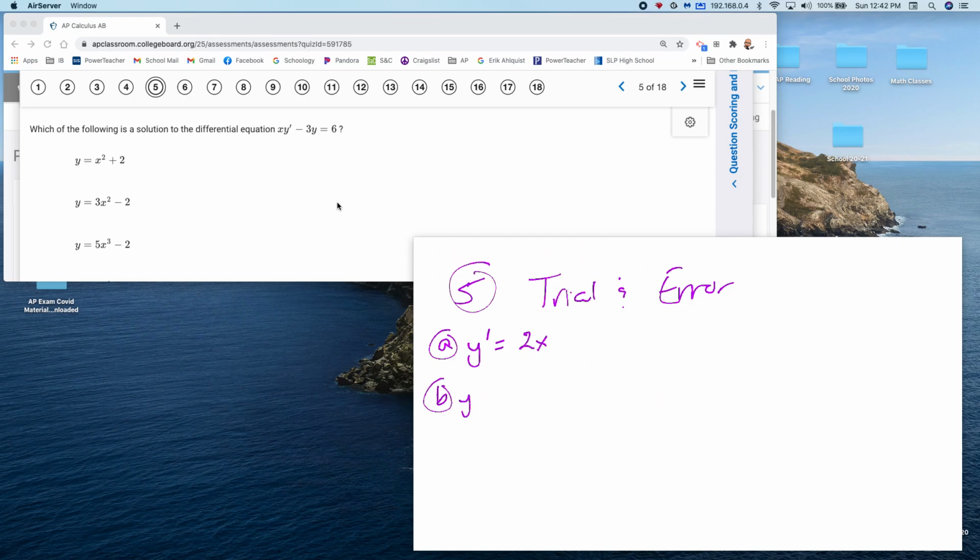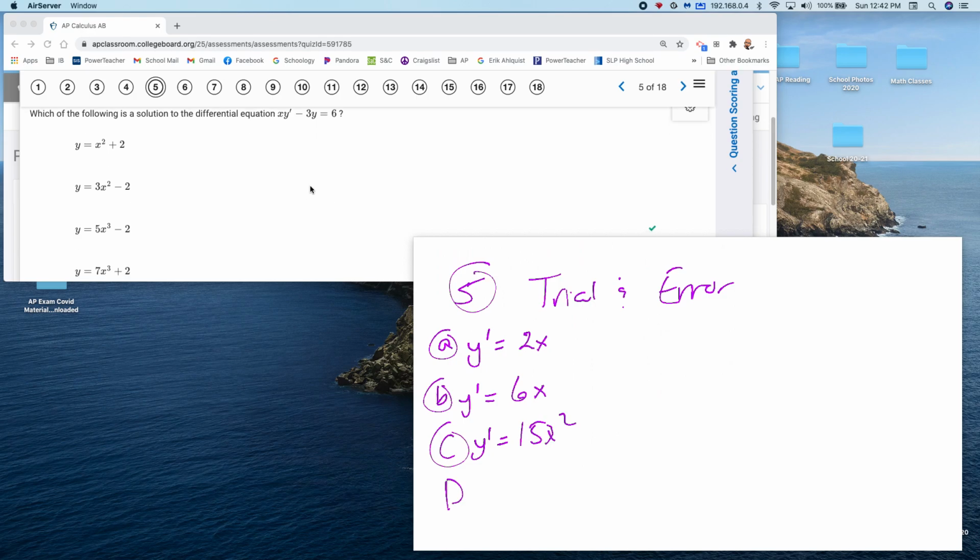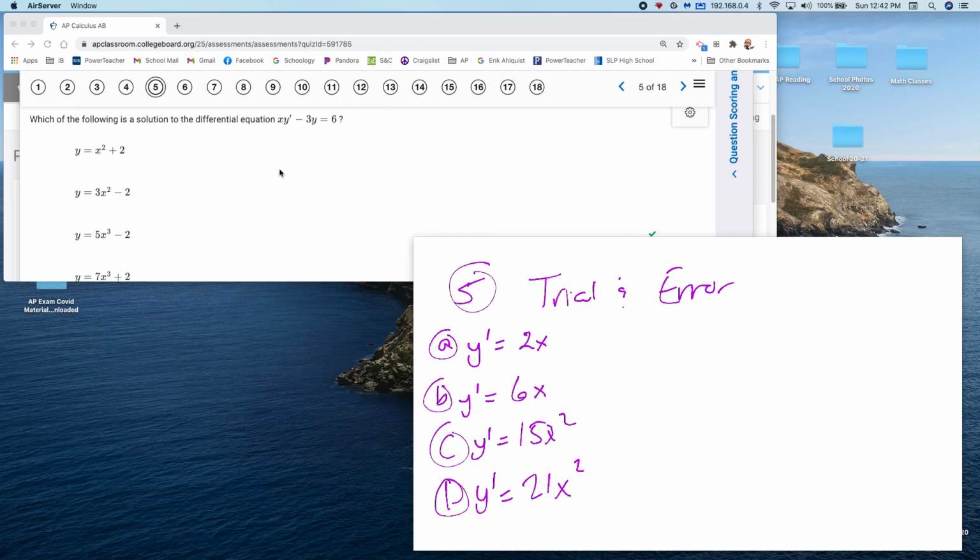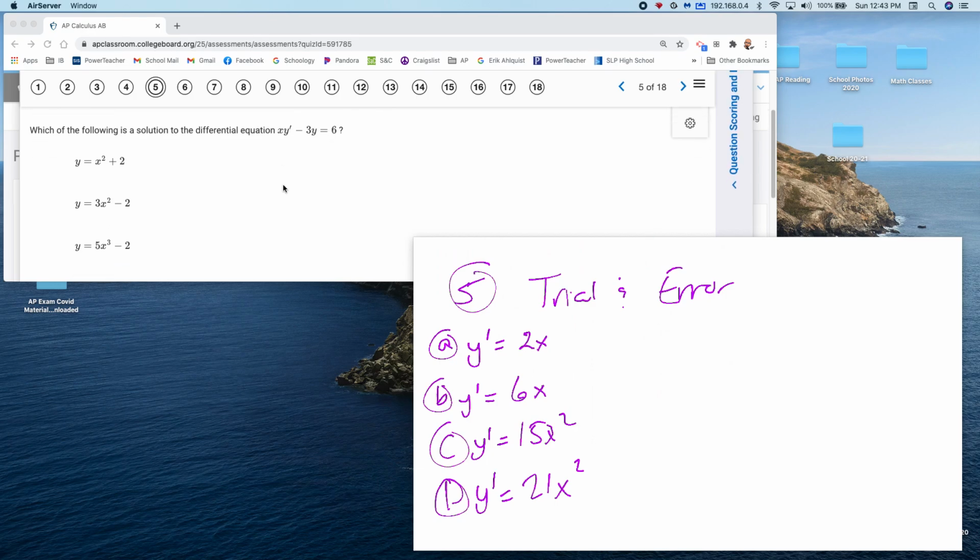B, y prime is equal to 6x. C, y prime is equal to 15x squared. D, y prime is equal to 21x squared. So I'm going to go through and just try these.